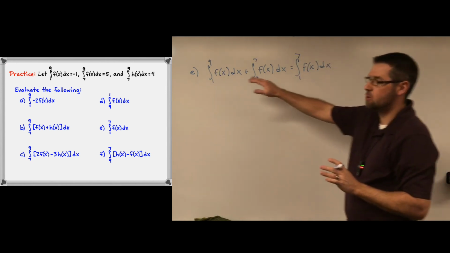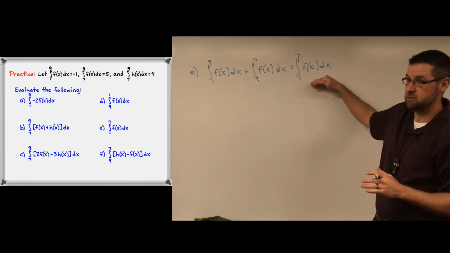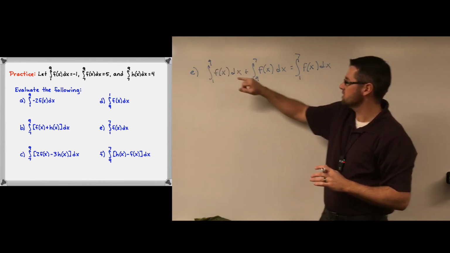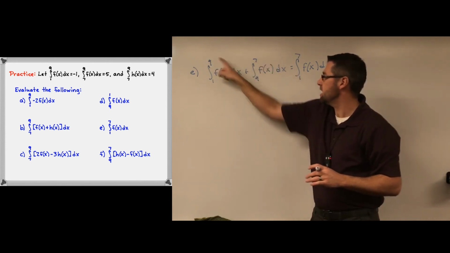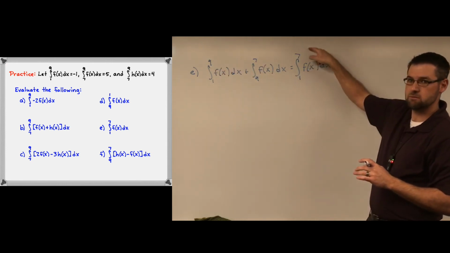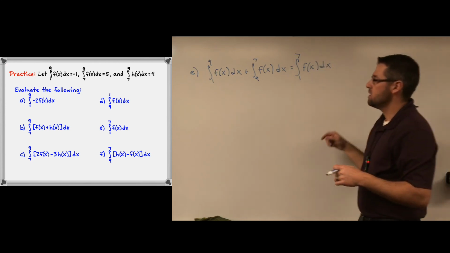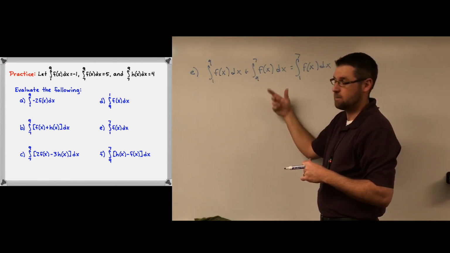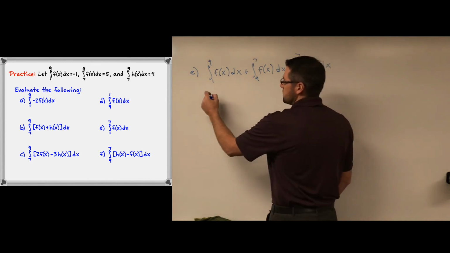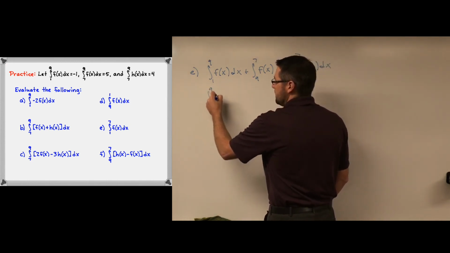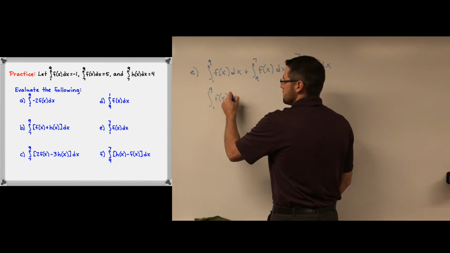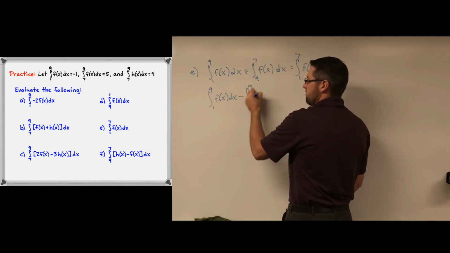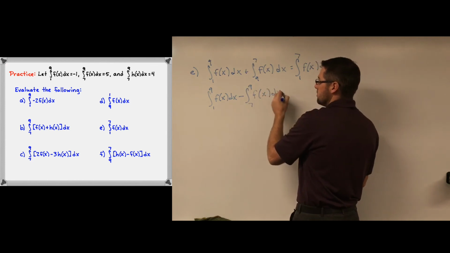This is the equation that gives me this answer. Do you agree? The integral from 1 to 9 plus the integral from 9 to 7, since these match, that's the integral from 1 to 7. You guys okay with that so far? Now what's given is not what's there, right? So I have to rewrite this one, so it'll be the integral from 1 to 9 of f of x dx minus the integral from 7 to 9 of f of x dx.